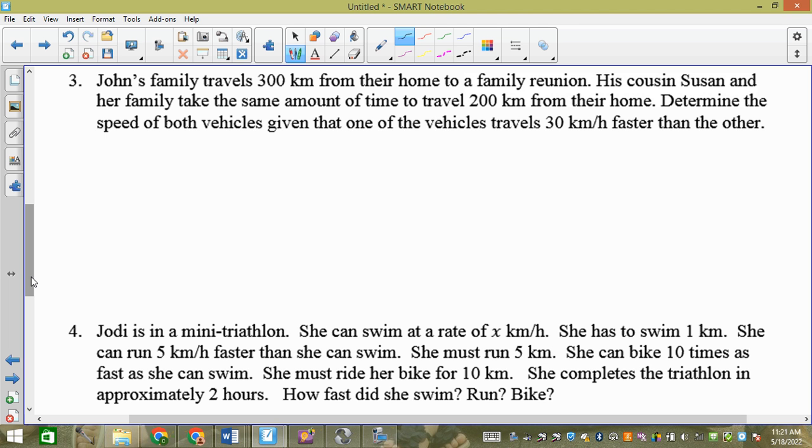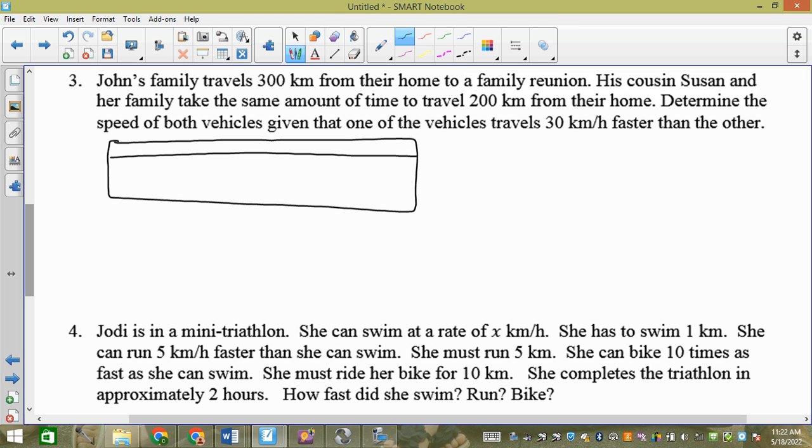I can guess which vehicle is driving faster. Which one do you think is driving faster? The 300 kilometer. John. Okay, so let's set up our little chart. So we have John. We have Susan.